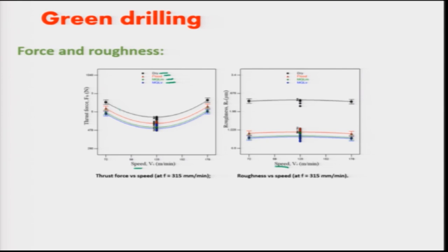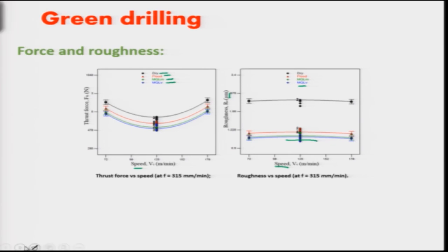We can see here that dry exhibits the maximum force, and MQL vegetable and MQL mineral are the lower ones. The minimum force is exhibited by MQL vegetable oil. Here also the roughness value is the Ra value, in micrometer. That also has to be minimum, and that is also exhibited by the same MQL vegetable, the blue line.